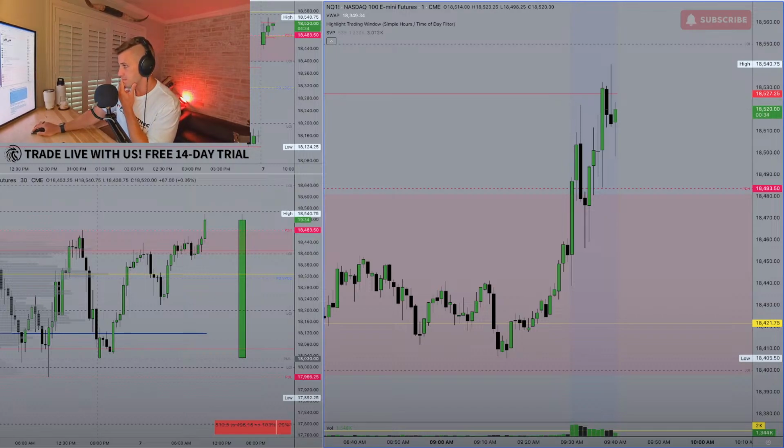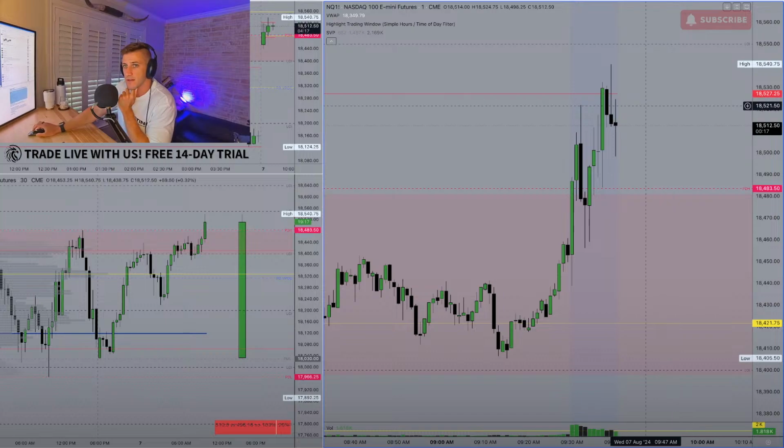So now, personally staying patient. I want to see how the intraday structure continues to develop. If this breakout can hold past 10 a.m., that would be a significant development.